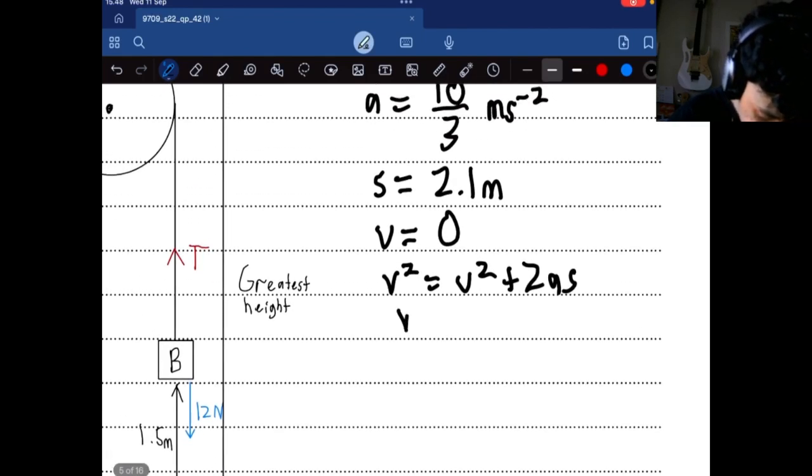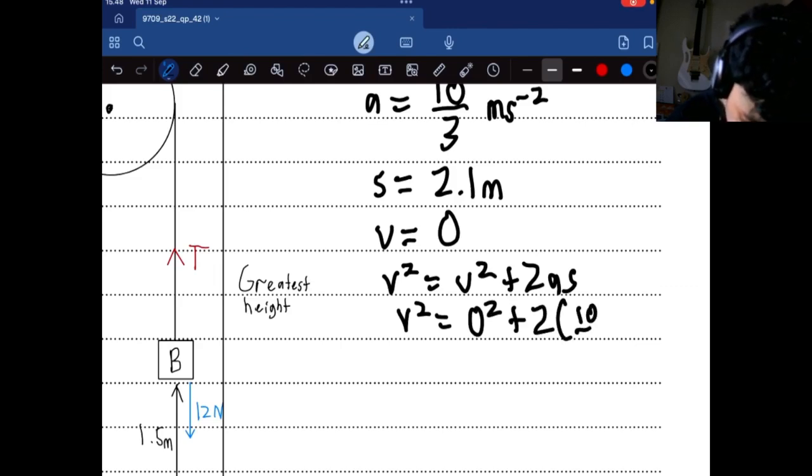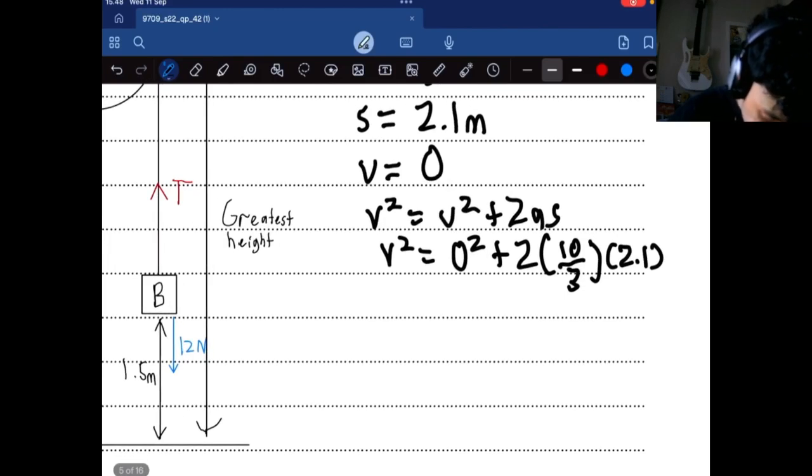So V squared is equal to 0 squared plus 2 times 10 over 3 times 2.1. And we can get the final speed as square root of 14 meters per second.